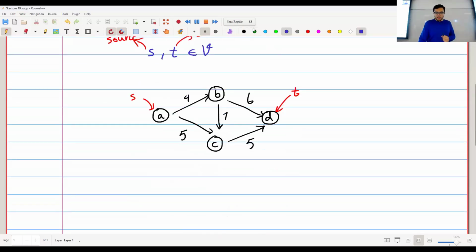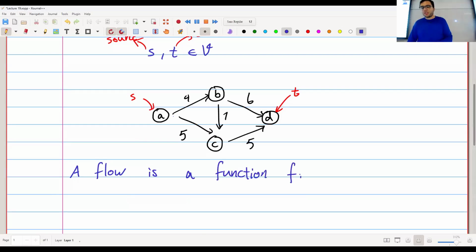Okay. So I want to define what a flow is. So I say a flow is a function, let's say f. And again, the idea is that this function f is supposed to tell me how much water I'm going to send through every edge. So it's going to take an edge and it's going to map it to a real number.